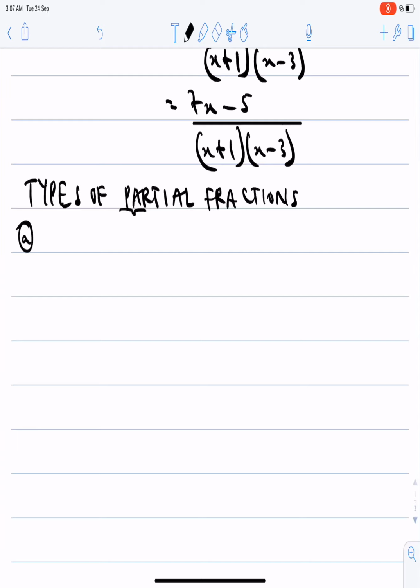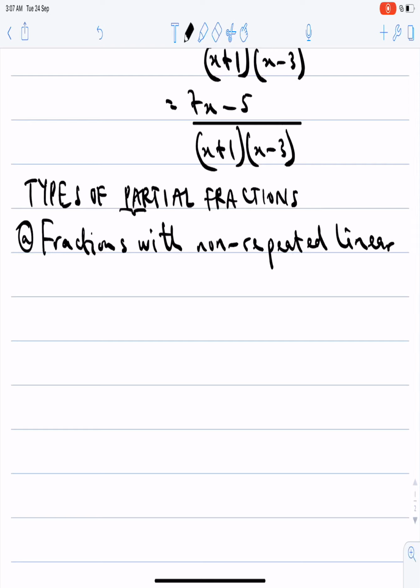A, fractions with non-repeated linear factors. Non-repeated linear factors in the denominator.